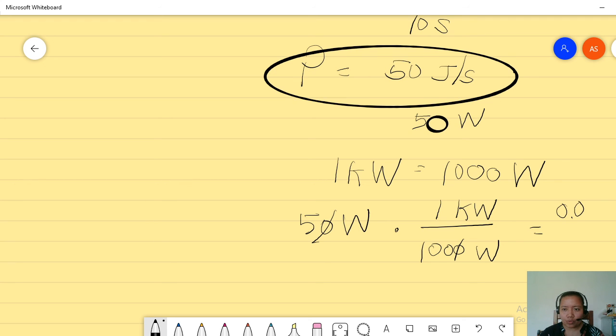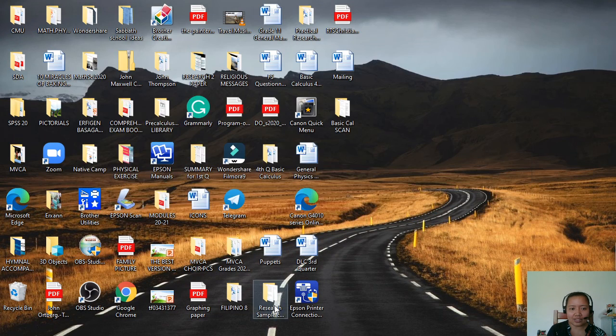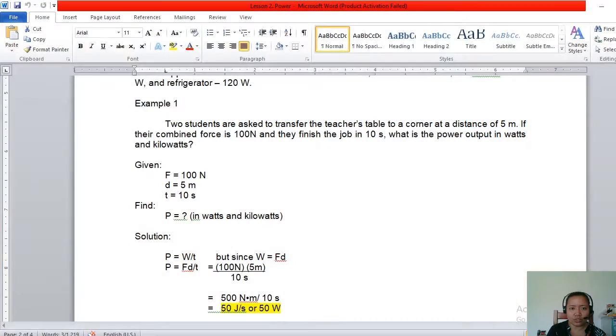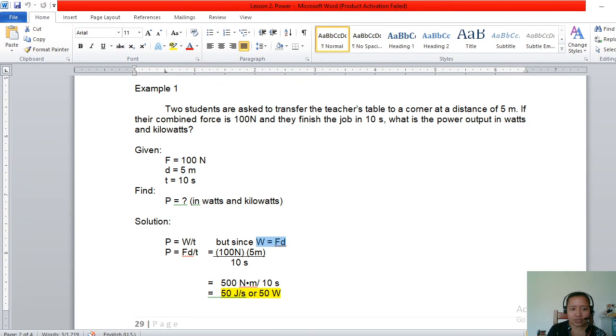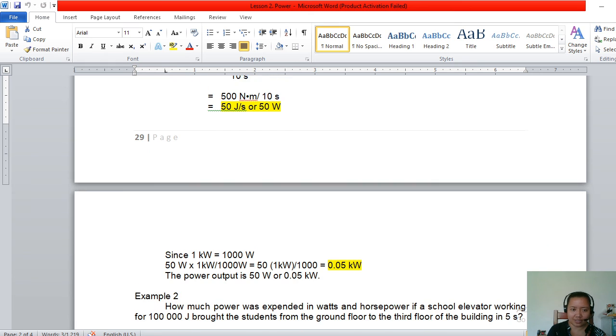We will have 0.05 kilowatt. Let's see if we have the same answer. Let's go back to our module and see. Okay, yes, that's true.